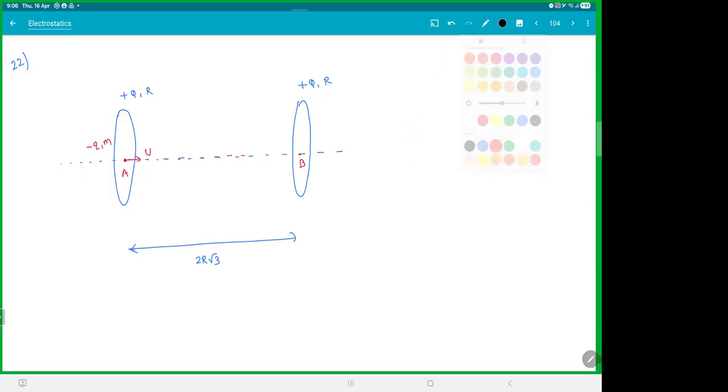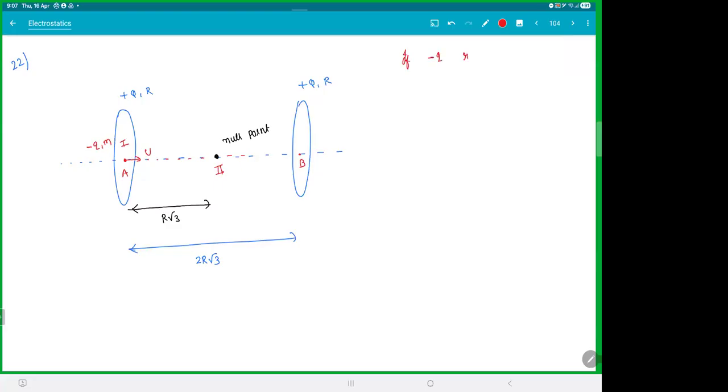So in this scenario, we can clearly see the midpoint is the null point, which is at R root 3. That means if your rocket can reach here, my job's done. So my null point is state 2. This is my state 1.